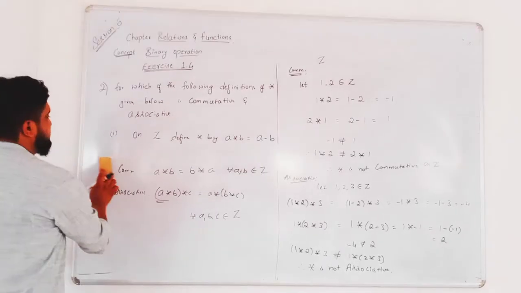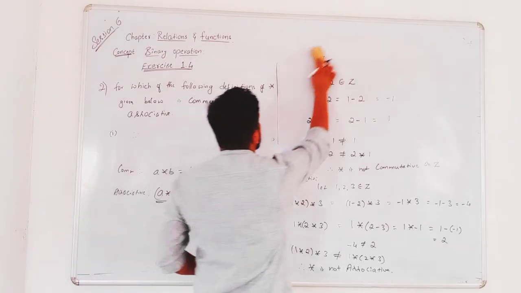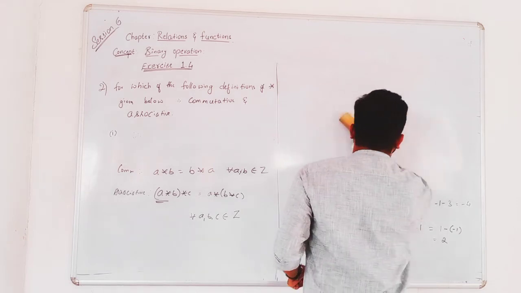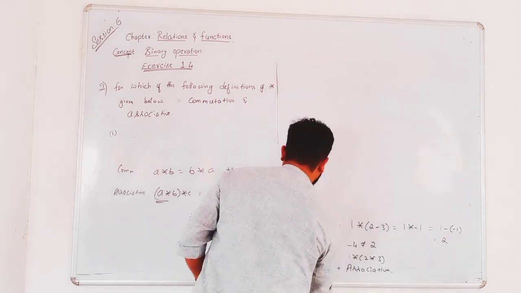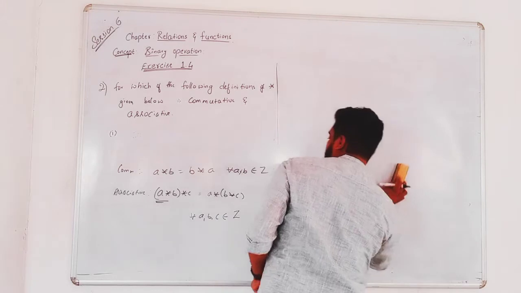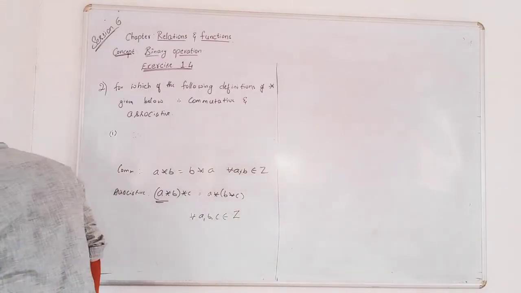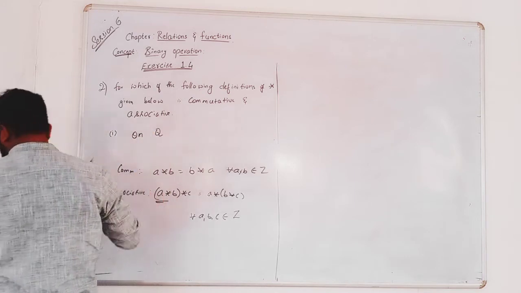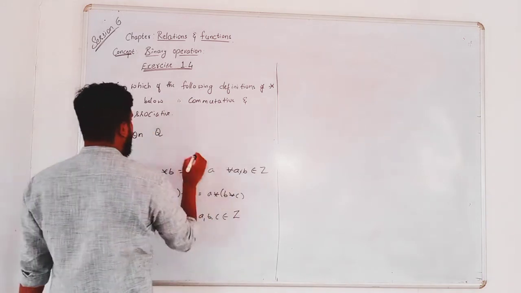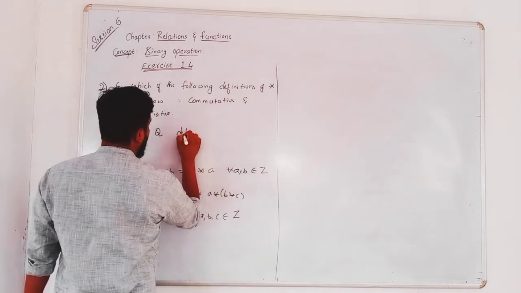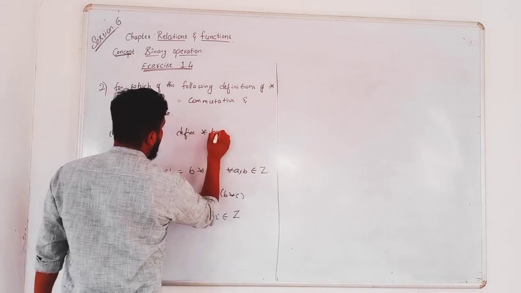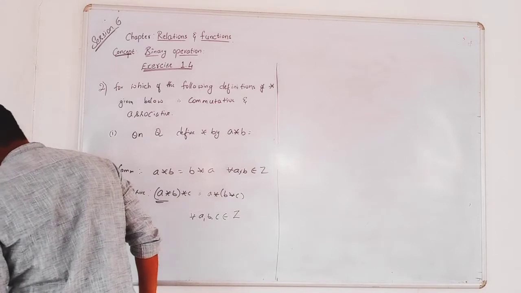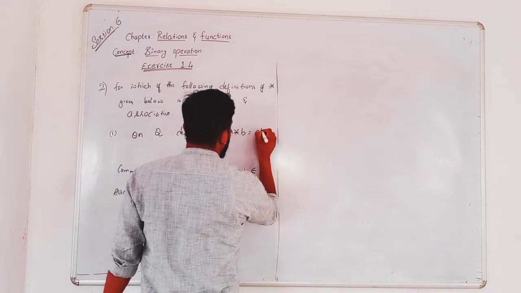So let's see the second example. The second problem is on Q, the set of all rationals. On Q, star is defined by A star B is equal to AB plus 1.